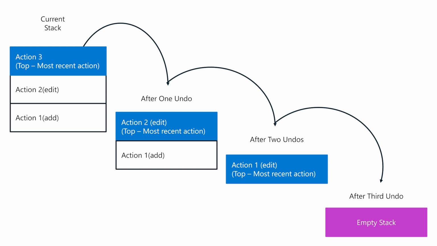Stacks are ideal for managing a history of actions because of their LIFO nature, allowing you to backtrack step by step. Actions are added to the stack from the bottom up, with each new action placed on top. During an undo, actions are removed from the top down in reverse order.